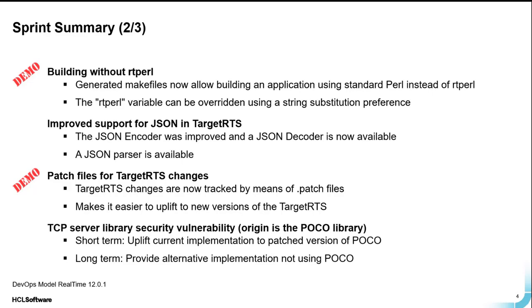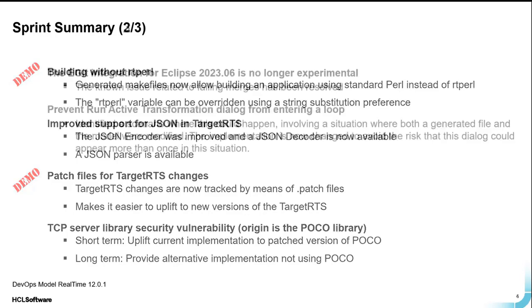For the short term, we're trying to uplift to a patched version of POCO that is available. But for the longer term, we aim at providing an alternative implementation that does not rely on POCO, so that you can avoid that dependency if you like to. So we'll probably come out with a newsletter about this when it's ready.